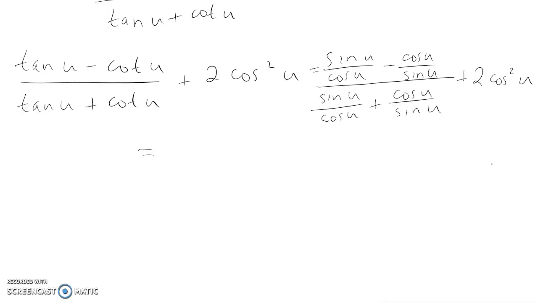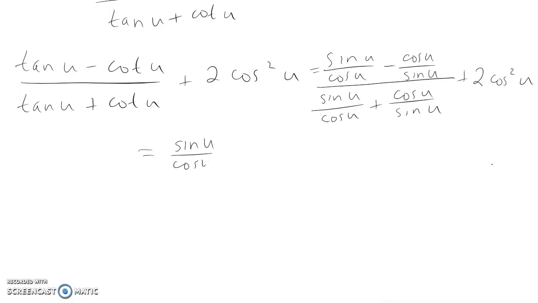Now, on the numerator, I'm going to do what we did before. We're going to combine the two fractions in the numerator with the same denominator. So I see that the common denominator is cosine u sine u. So sine u over cosine u needs to get multiplied by sine u over sine u to become that LCD. Cosine u over sine u needs to be multiplied by cosine u over cosine u. All right.